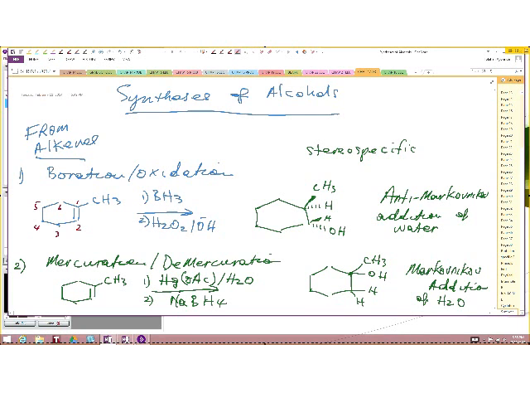What does it do? It will add water across the carbon-carbon double bond in a Markovnikov fashion. In other words, the hydrogen goes to the carbon that has more hydrogen, in this case, this here, and the hydroxy group goes to the carbon that has less hydrogen. That is the Markovnikov addition. Everybody got that?